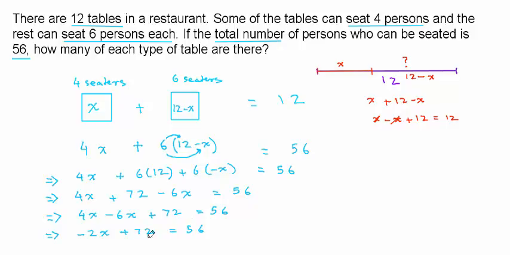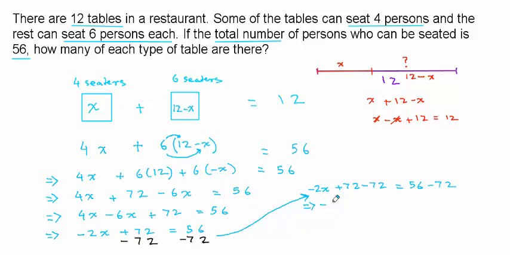We need to get rid of the plus 72, and therefore, you guessed it right, we are going to subtract 72 from both sides. And then I'm going to take this on this side. I hope you don't mind. So we have negative 2x plus 72 minus 72 is equal to 56 minus 72.